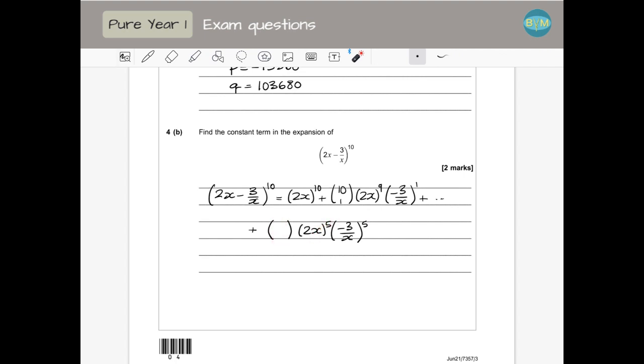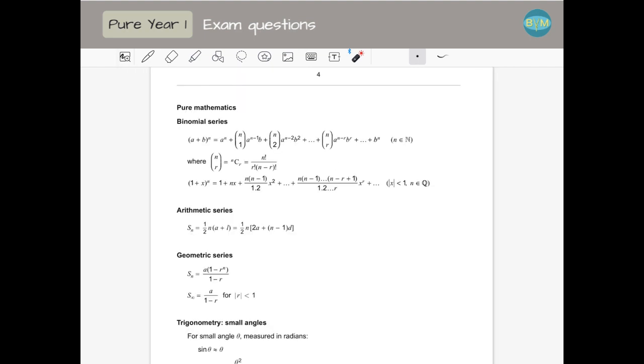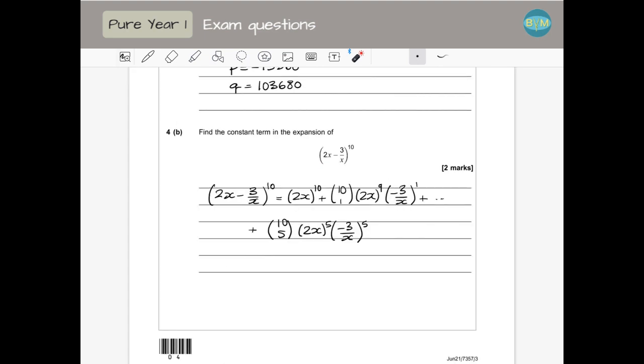And here I'm going to have always 10, and in this case 5, which is this exponent. In this case it is the same in both of them, but it's always the second exponent. So 10 over 1 in this case. And if you don't remember well, you can have a look at the formula. In the formula you see that the number here is the exponent of the second term.